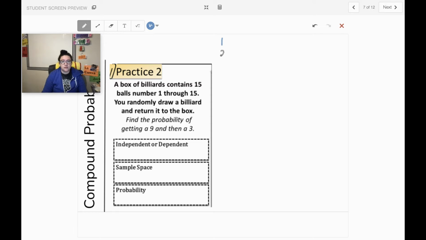So we got 1, 2, 3, 4, 5, 6, 7, 8, 9, 10, 11, 12, 13, 14, 15. So there's all the first balls that I can draw.